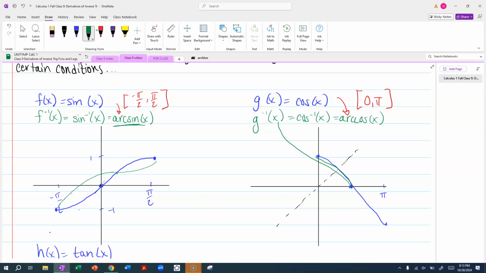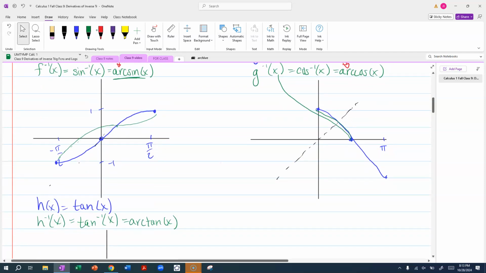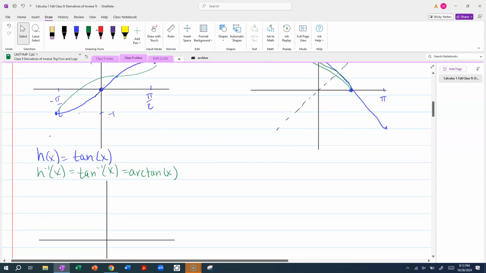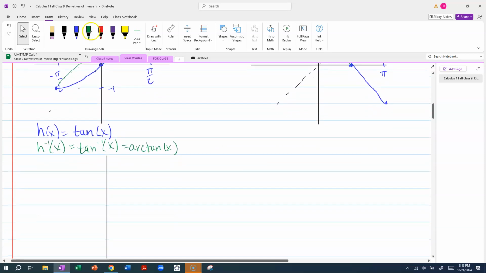And then the last function, oddly one that we use quite a bit in the course, is tangent and arctangent. Here the domain restriction that we need to employ is that we need one period of tangent, and that period ends up being from negative pi over 2 to pi over 2.